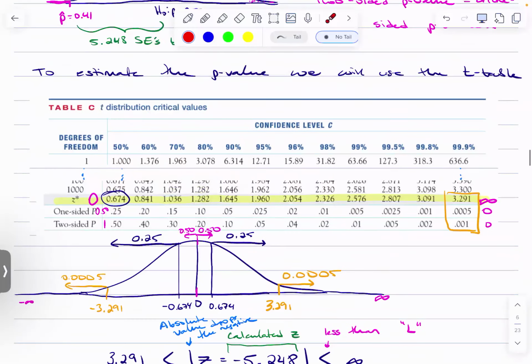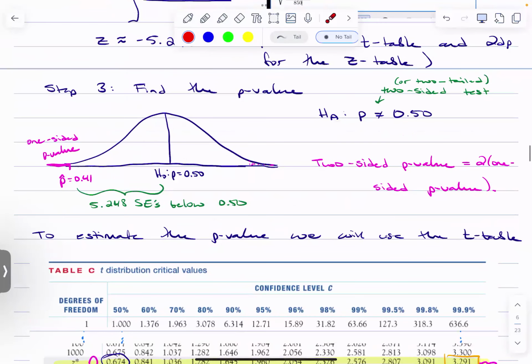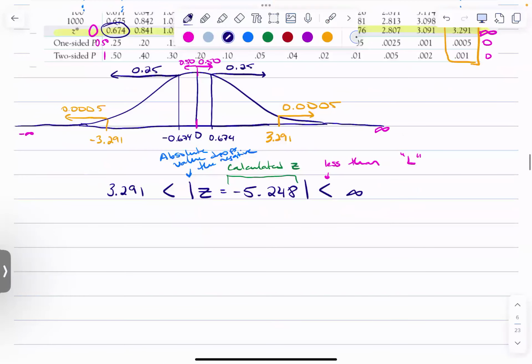Now we need the two-sided p-value because we have a not equal to in our alternative hypothesis. And so I'm going to say the two-sided p-value, or you can say two-sided p, or I'll do p-value. I won't be upset if you put absolute values on here, but you don't have to because probabilities have to be between 0 and 1.